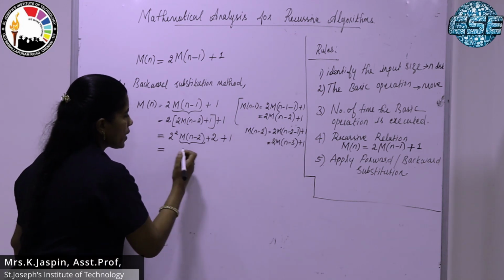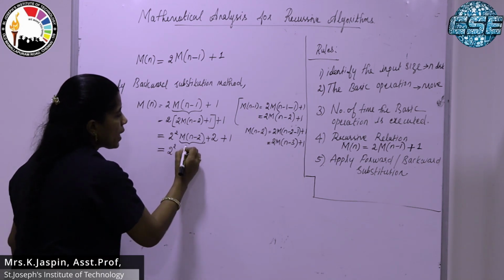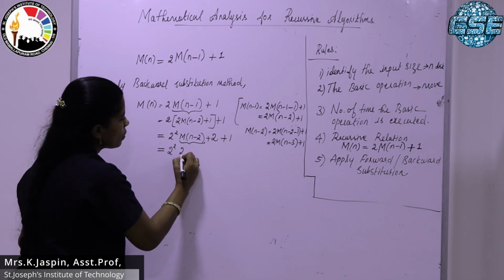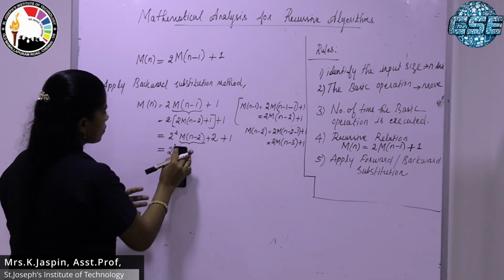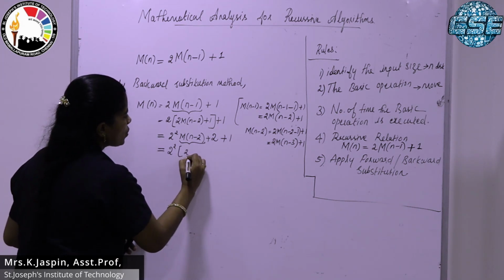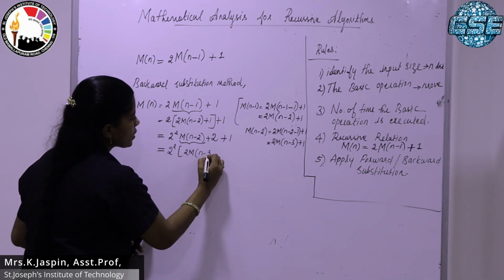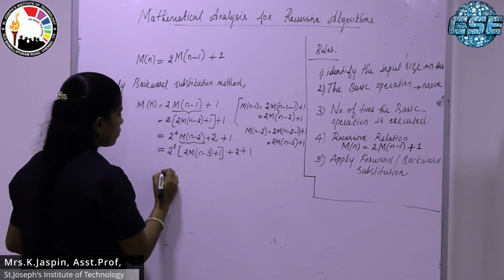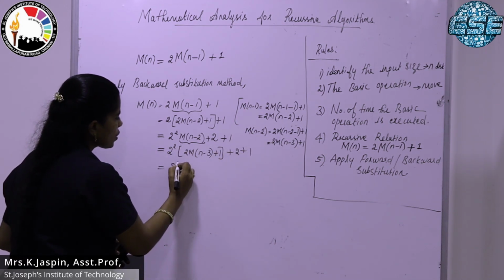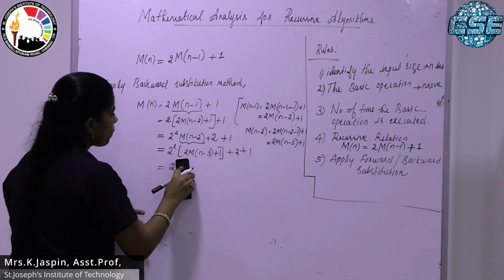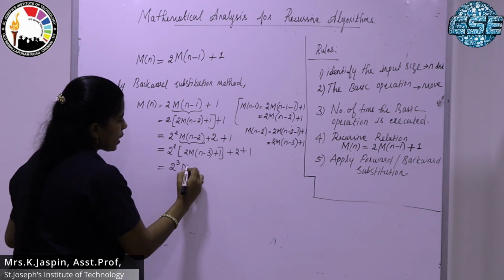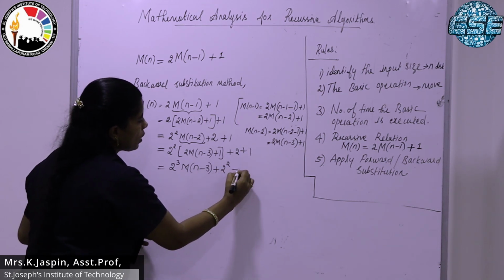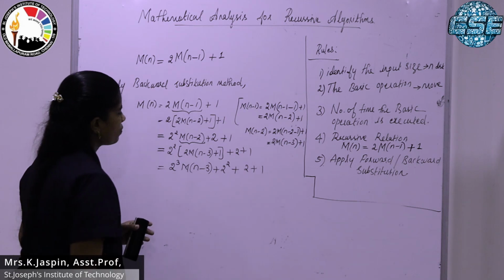I need to substitute the same term here in 2 to the power 2, instead of M of n minus 2. So 2 M of n minus 3 plus 1, plus 2 plus 1. While I am multiplying the inner term, you will be getting 2 to the power 3 M of n minus 3, plus 2 to the power 2, plus 2, plus 1.